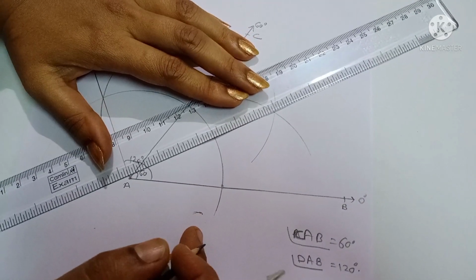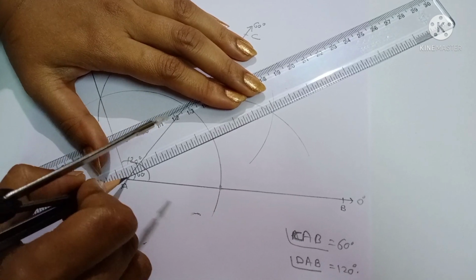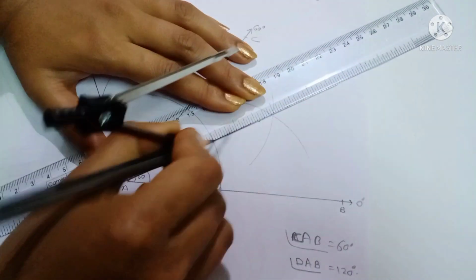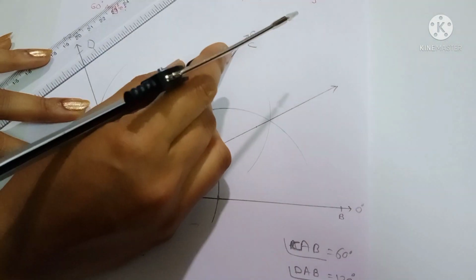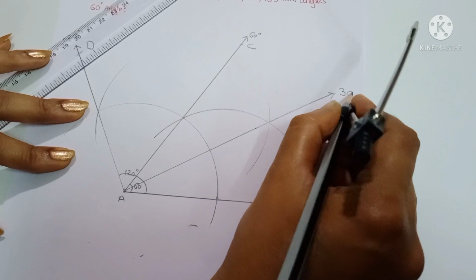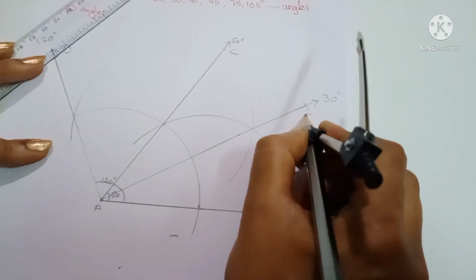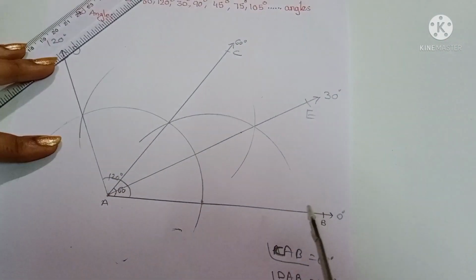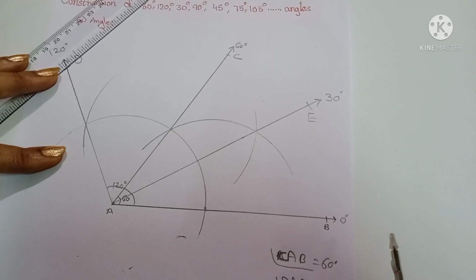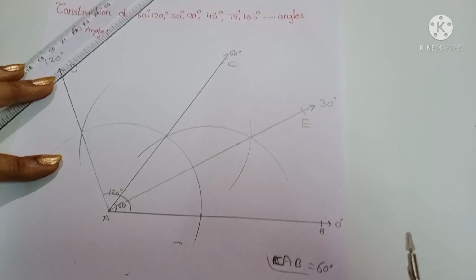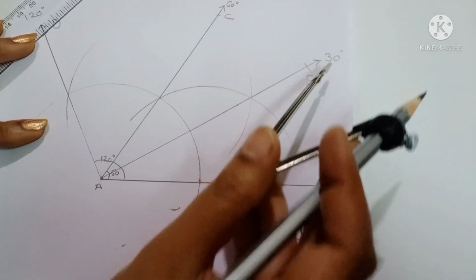Now join them, we will get 30 degrees. This is the angle bisector of 0 and 60. Angle EAB is equal to 30 degrees. We will get 30 degrees.